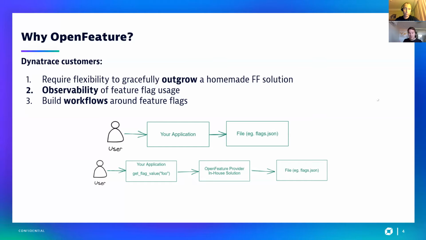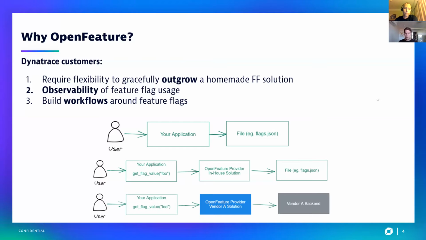What this really means is that with OpenFeature in the middle, when you come to swap out to a vendor, all you need to do is change that middle part, the bit in blue, the provider itself. The backend is out of your remit; that's provided by the vendor. The key bit is that the application doesn't change. Nothing changes, so you don't need to rework or rewrite anything.